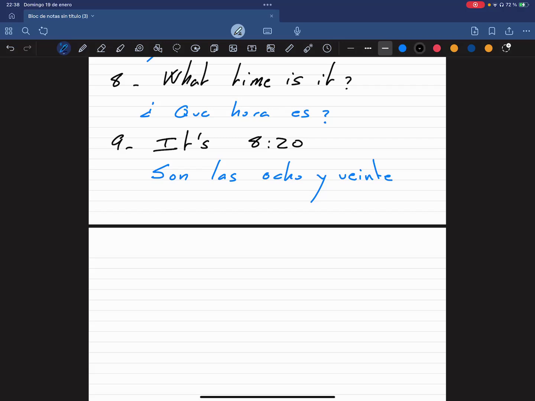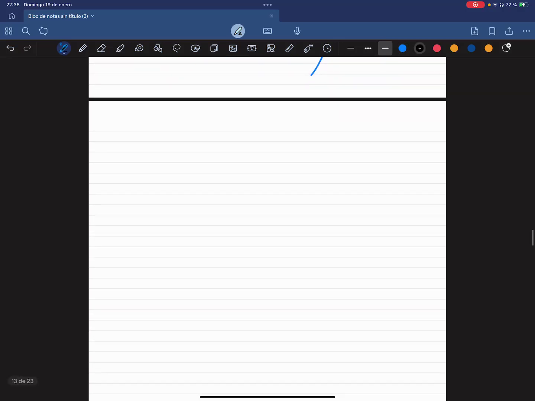More times, so you practice a little bit with the time. It's 9:45. Again, son las 9. Well, it's not 9.